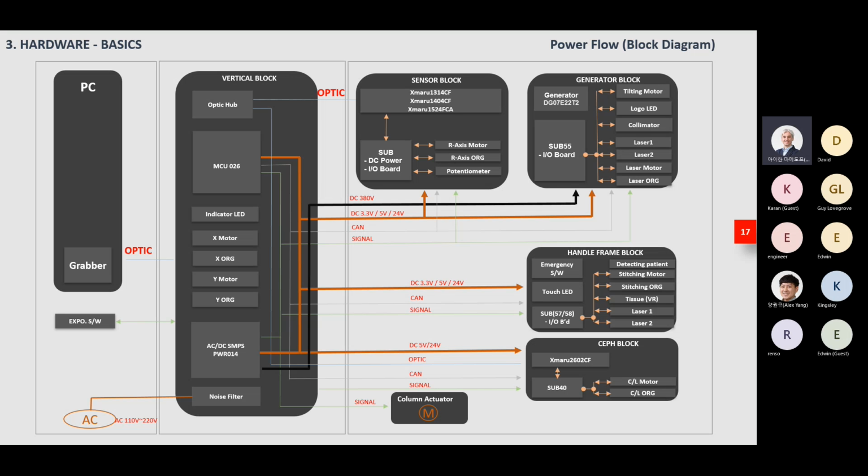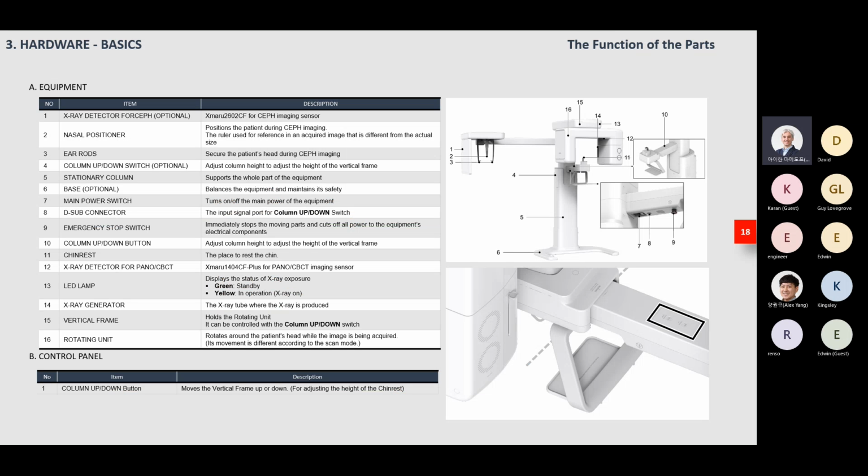So whenever you have any issues, you will be able to fix or address the problem much faster if you know the connection in this block diagram. This data, as you know, is available in the technical manual. In case of the function of the parts, you can find all data in the technical manual. So I will skip this part because it's quite easy and it's even in the user manual.